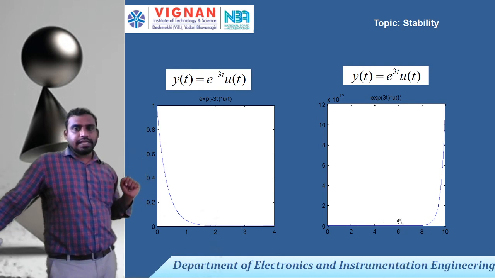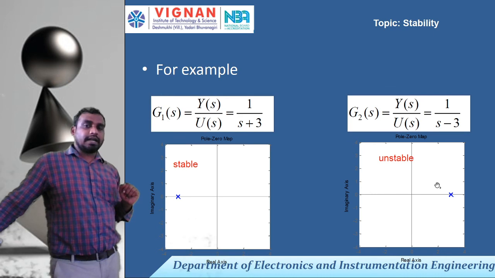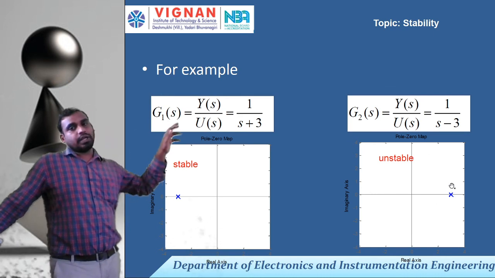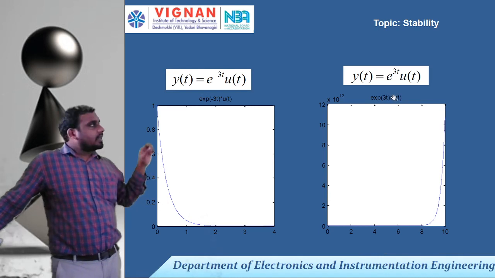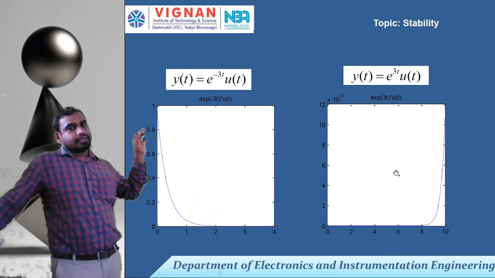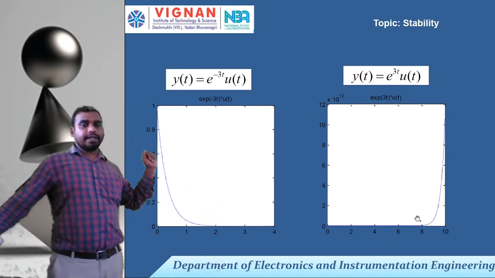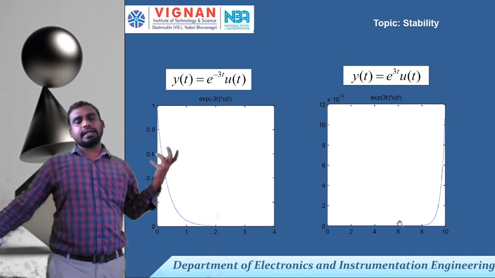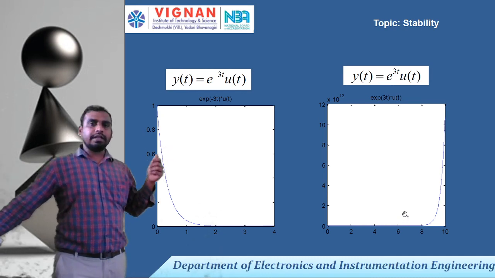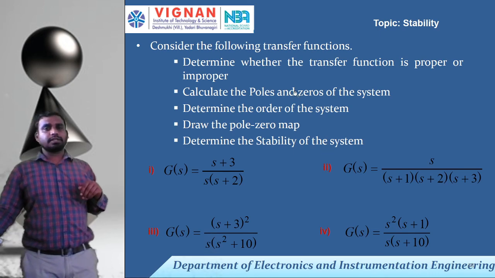But if you observe the second plot, for the unstable pole, that is the right hand side pole, s equal to 3, what you get if you apply the inverse Laplace transform is e power 3t, right? Then you get an exponentially increasing response where the initial value is known but the final value is unknown. It is infinite. So these kinds of systems are the unstable systems.